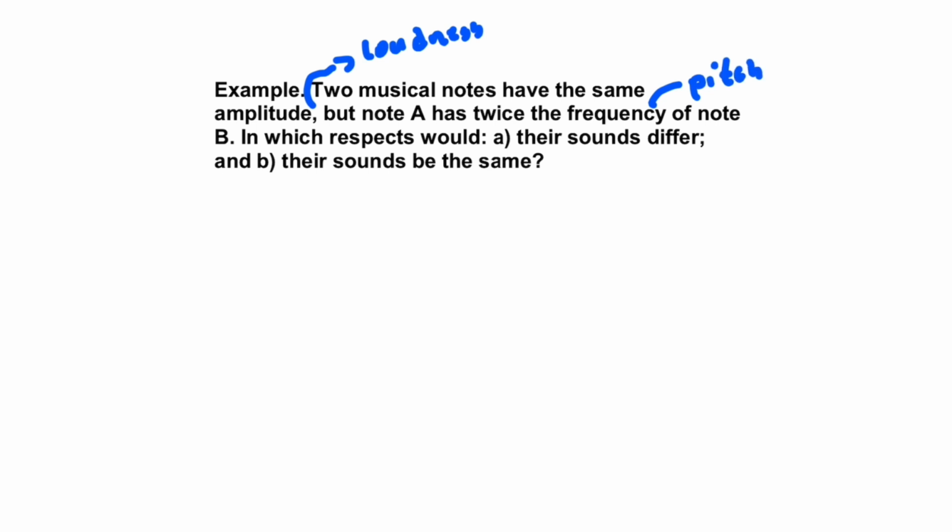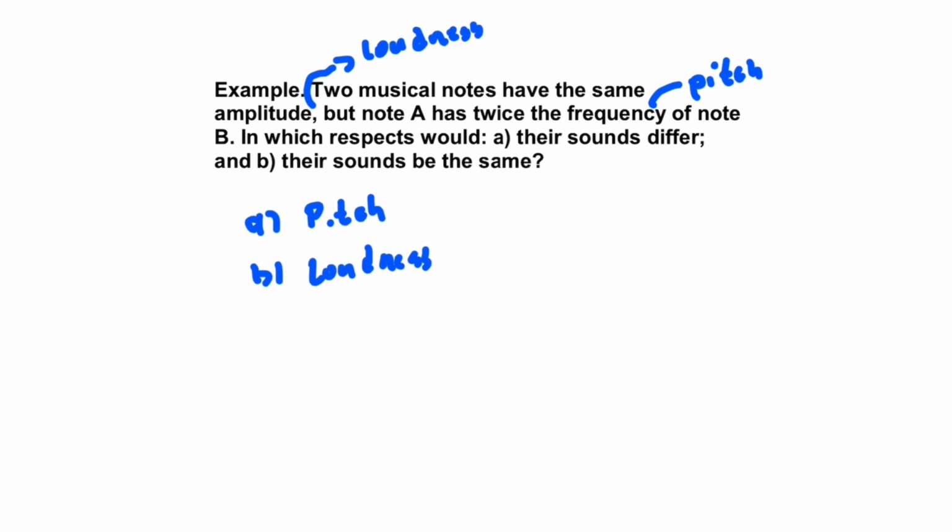In which respects will the sounds differ? These two notes have different frequencies, so the pitch is going to be different. The pitch of the two musical notes will be different. And then, in which respects will their sounds be the same? They're going to be the same in terms of loudness because we have the same amplitude.